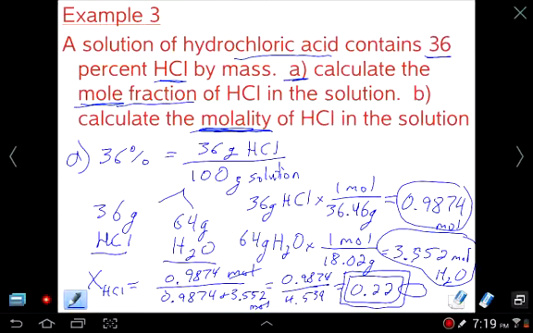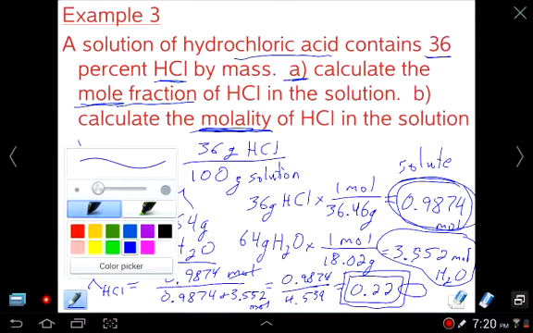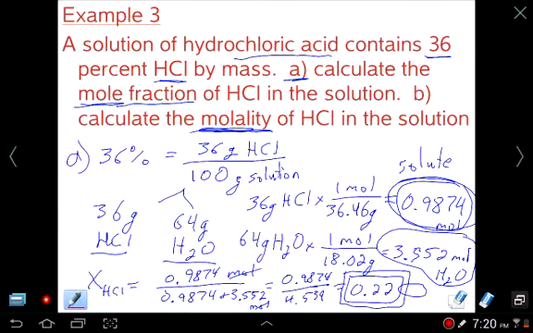In our case, our moles of solute is this value, as this is what we're dissolving, and our solvent then will be the water. We have 64 grams of our solvent, because water is our solvent.